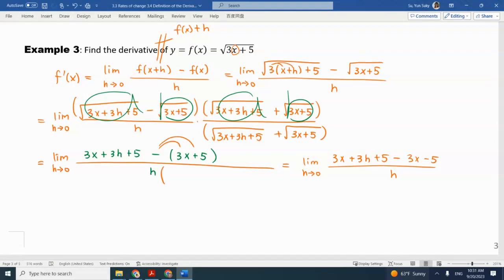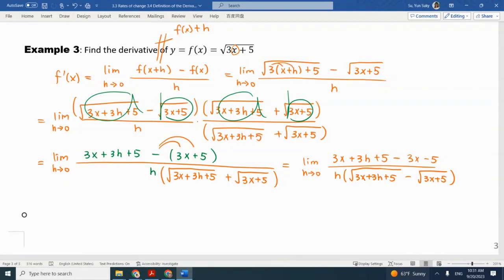Oh, did I miss something? I missed the denominator. We still have the denominator: h times the square root of 3x plus 3h plus 5 plus the square root of 3x plus 5.